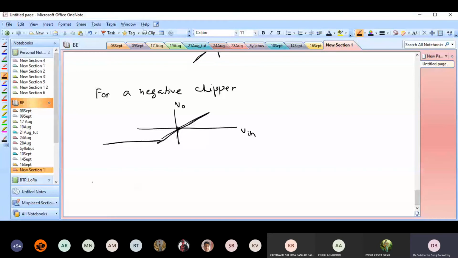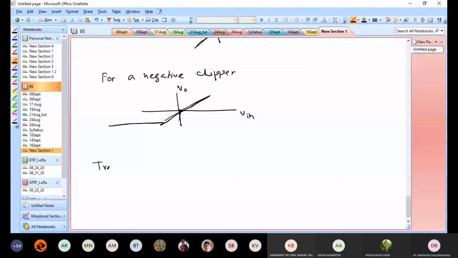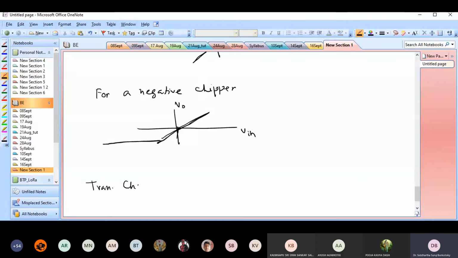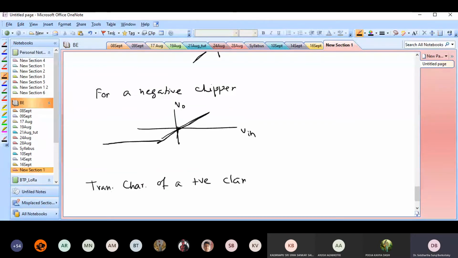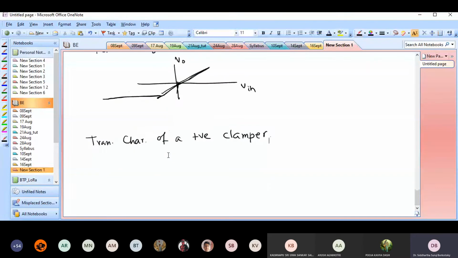So the transfer characteristic of a clamper, positive clamper, let's say. So what does the clamper do? The output voltage of the clamper is the input voltage plus this fixed value, right?